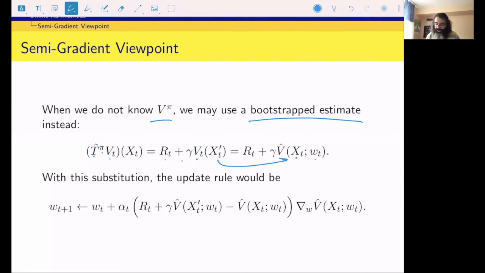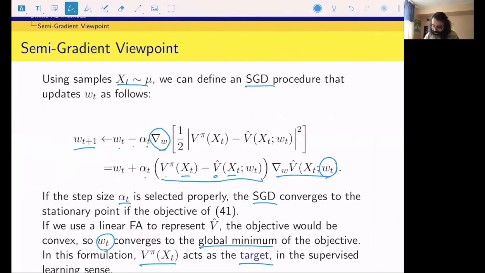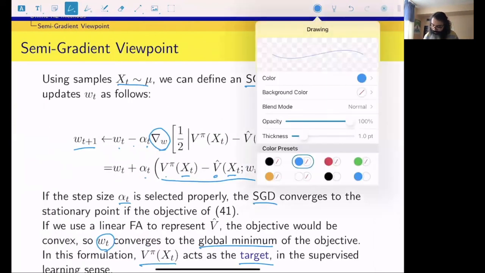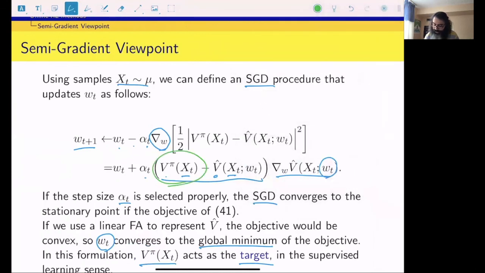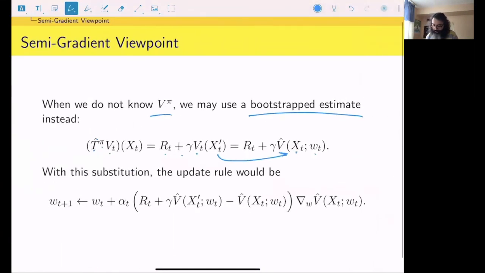That would be my target. So instead of V^π that I had in the previous slides, I put the reward plus γ times V of the next state there. And then the rest would be the same.